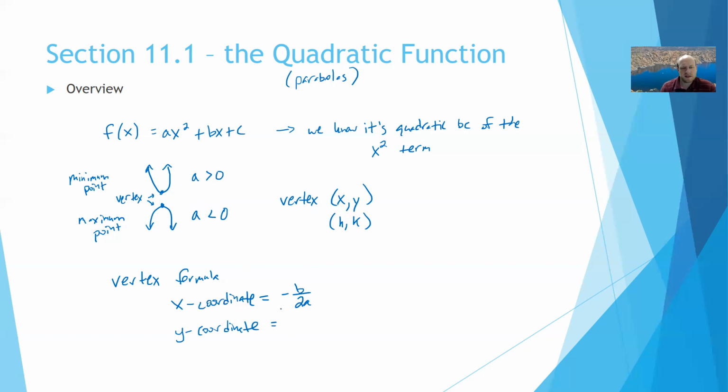For the y coordinate, we just substitute whatever we get for the x coordinate back into the original function. So we take f of negative b over 2a. We plug in what we get for x back into the function, and that gets us our y coordinate. I'll demonstrate that with some examples as well.